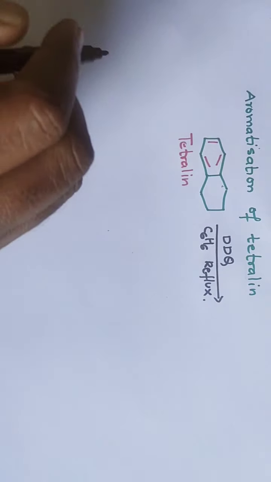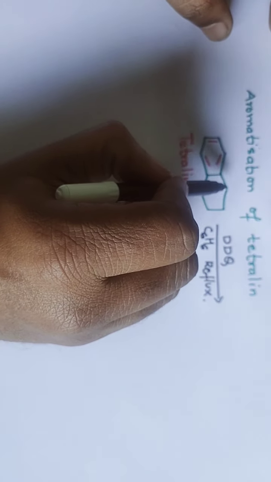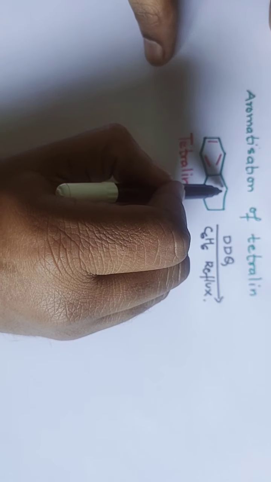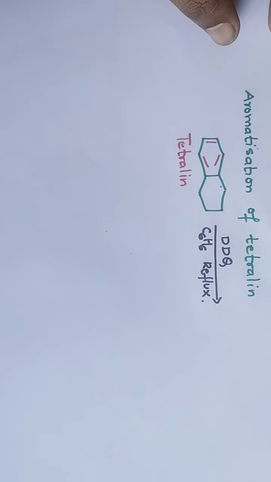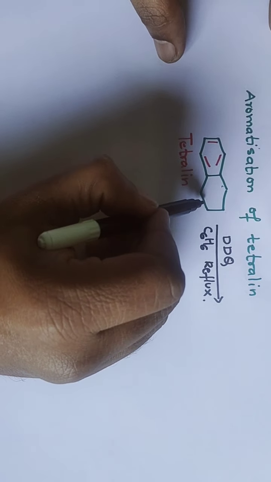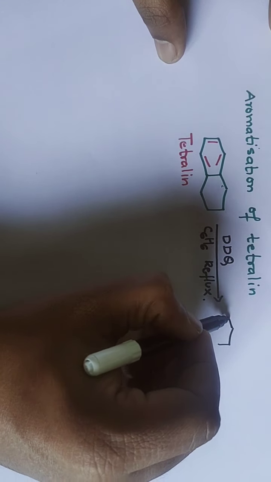What happens is dehydrogenation takes place. Hydrogen from here and hydrogen from here goes off, resulting in the formation of a double bond here. Then hydrogen from here and hydrogen from here goes off, resulting in the formation of a double bond here. So it results in the formation of this compound.